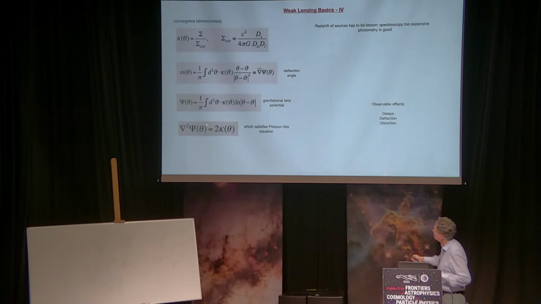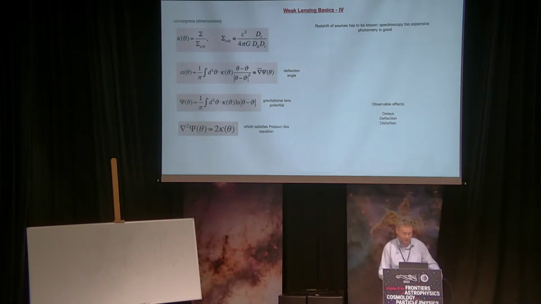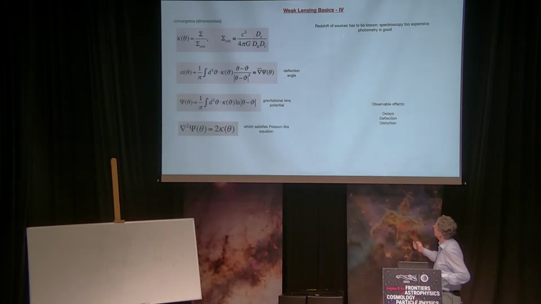At the end of the day, you will find the consistency relationship between the convergence of your system and the gravitational potential, which is a Poisson-like equation, right? So for this kind of business, what you really need is to know the redshift of the source.